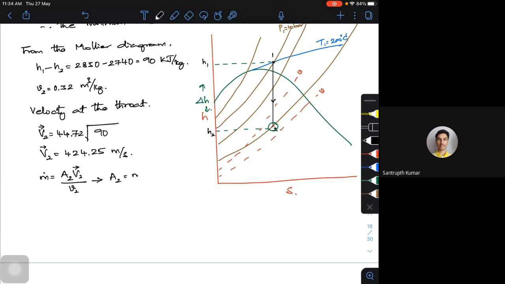So A2 is equal to m dot into specific volume divided by velocity. Mass flow rate is given in the problem statement as 3, so A2 is 3 into 0.32 divided by 424.25. I'll get A2 in square meters.